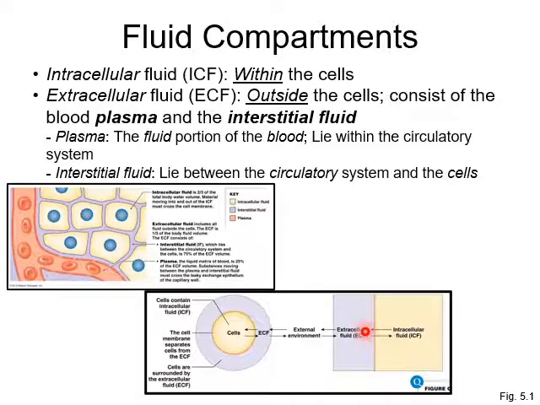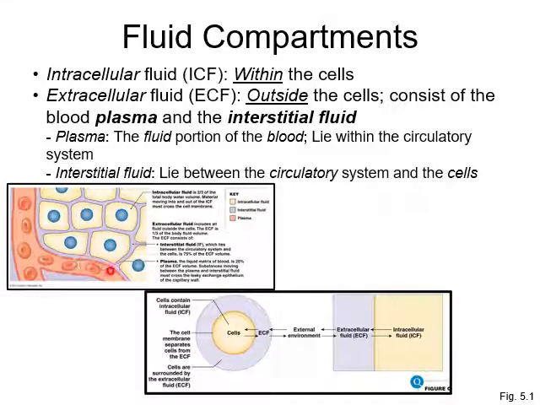And we can see that exchange. We have the external environment. Most of the cells of your body aren't lining the outside and don't have access to the external environment. So they require that we maintain this ECF, because the ECF is where the cells can exchange.